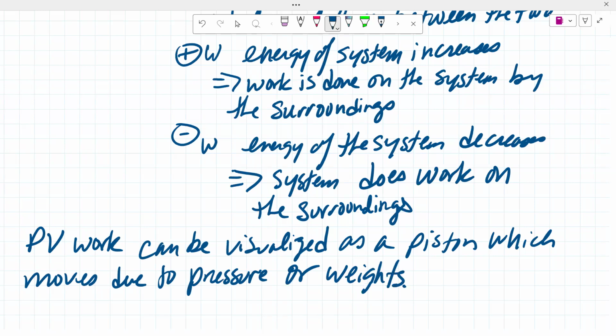And oftentimes in the depiction of the pistons, we don't actually show the forces, and it's kind of just left to be sort of nebulous, which I always found really confusing. So I actually like to draw out the weights on these systems because it made a lot more sense to me that way.